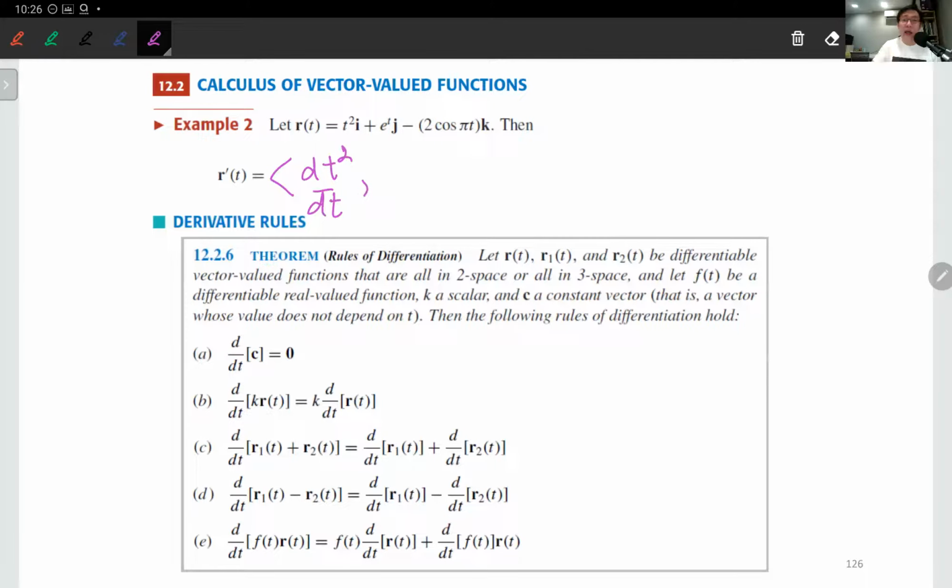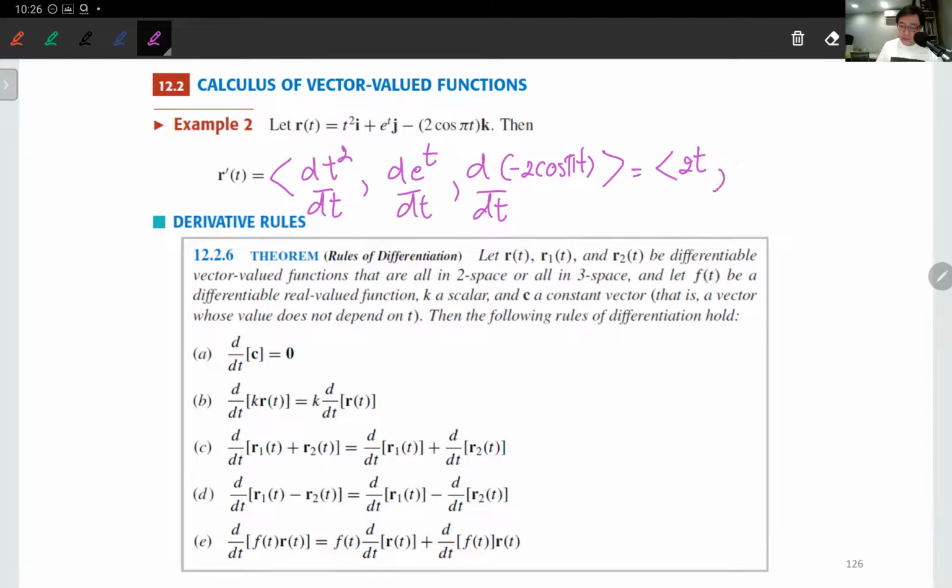You take t squared, take the derivative. That is your x component derivative. You take the y component, e to the t, do the derivative. That is your y component. And then you take the z component, do the derivative. You're going to get the derivative in the z component. That's it. So your answer will be: differentiate t squared, you get 2t.